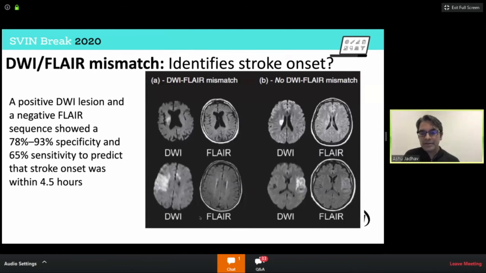If you look at the two MRIs in panel B, these are examples of patients who have, again, restricted diffusion or DWI, but there are also T2 hyperintensities or FLAIR hyperintensities in the same region, suggesting that the stroke is beyond 4.5 hours. So using this paradigm, the WAKE-UP trial effectively tried to identify patients who are in this quote-unquote early time window based on this imaging paradigm.